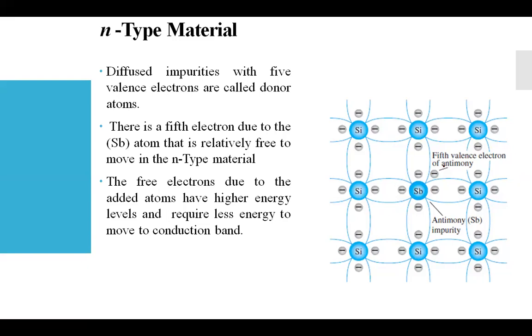That is also shown over here in this presentation. So do you understand now the p type and n type material, its process as well as the lattice structure diagram? Do you understand up to this point?